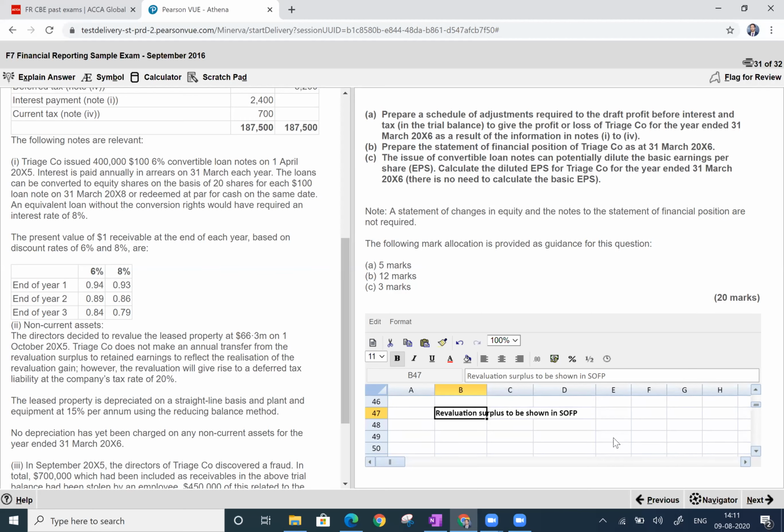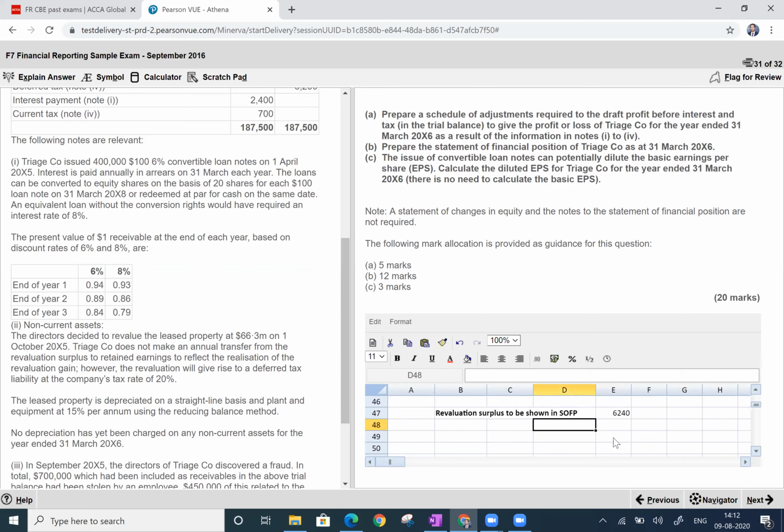So revaluation surplus to be shown in SOFP is this revaluation surplus, then less deferred tax. So I'm showing it here itself. This is equal to E36 minus deferred tax. Deferred tax will be E36 multiplied by 20%.